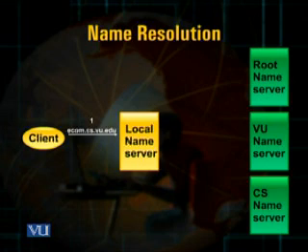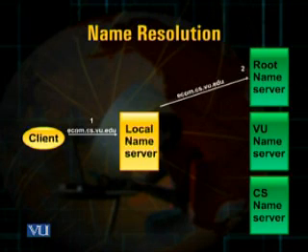Using this information, the local name server would then contact the root name server. In this particular example, edu is the root name server. So the name server which is at the top of the hierarchy, that is the root name server. This is the second step before you.